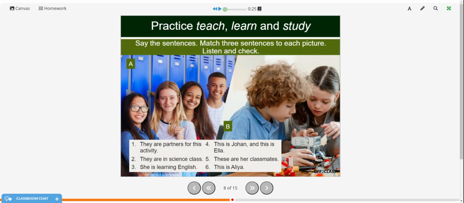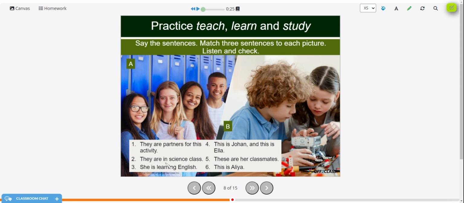All right, now we're going to say the sentences and then try to match the sentences to each picture. So again, you can follow along, either pause the video and read on your own or follow along as I read. They are partners for this activity.